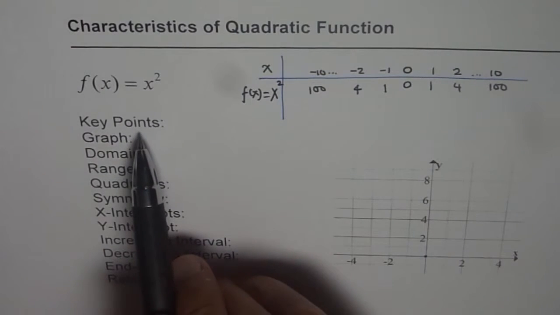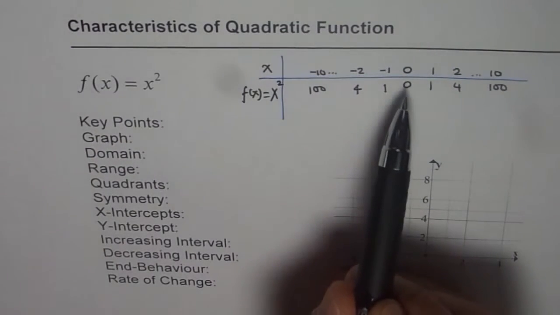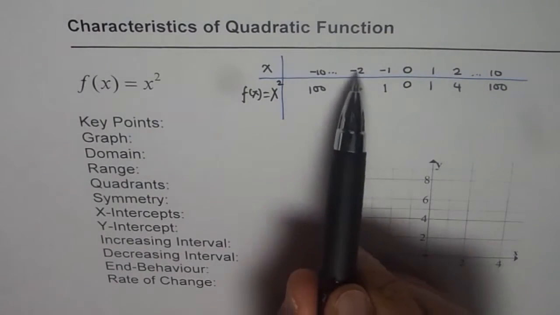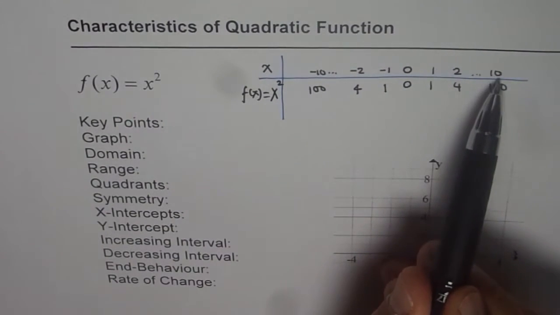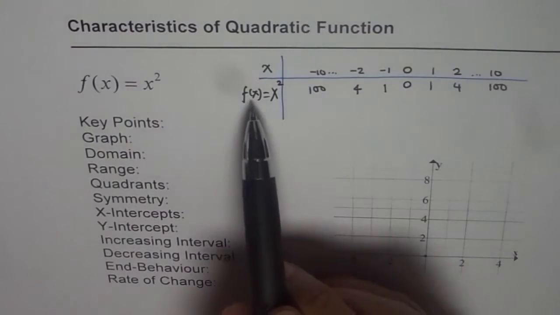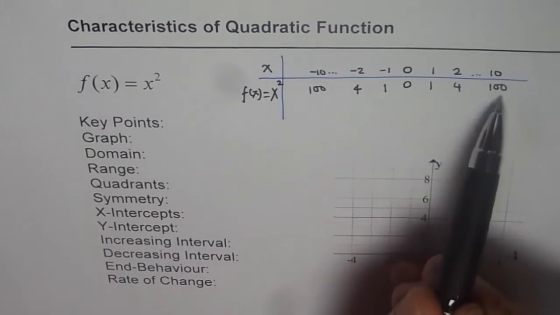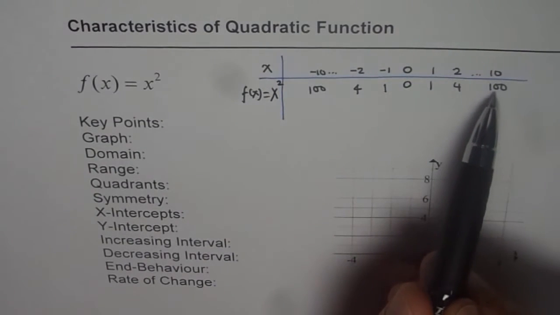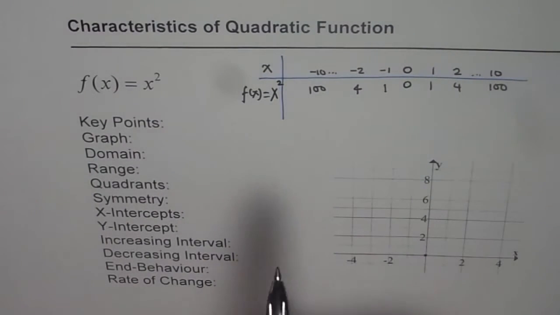The key points for us will be 0, minus 1, minus 2, 1 and 2. If the value is very large, we see that f of x is also very large but positive. For both negatively large values, we have positively large values.